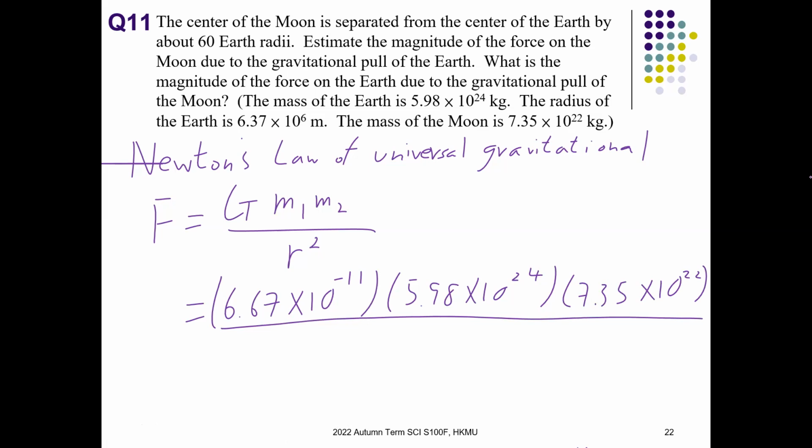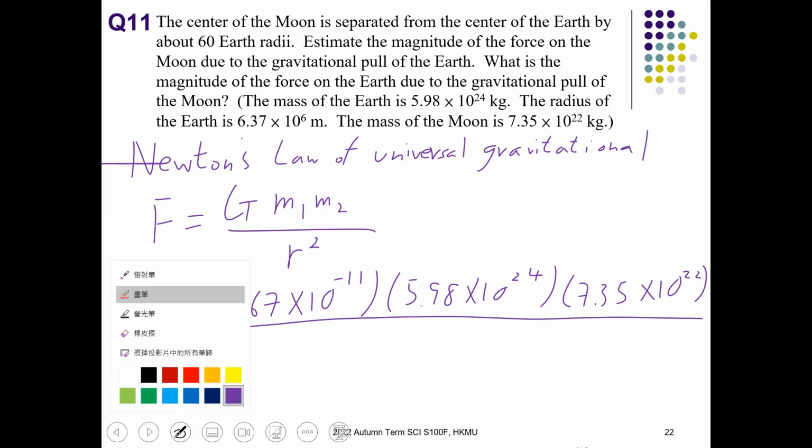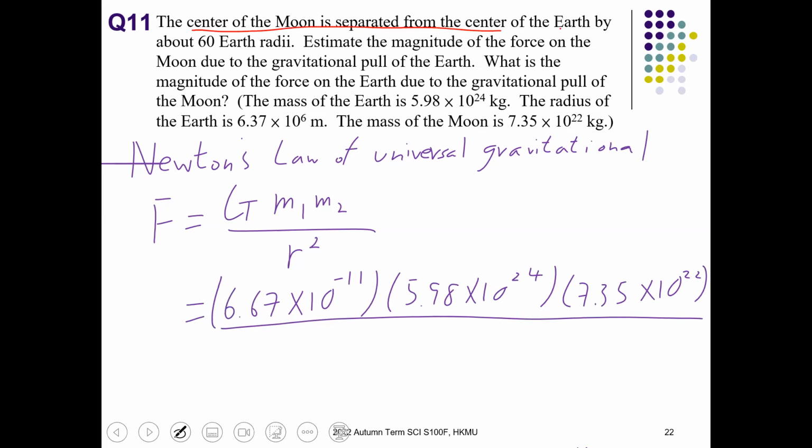Of the, this is not the radius, this is the distance between the center of the Moon and the center of the Earth. Given that the center of the Moon and the center of the Earth is separated by 60 times the Earth radius, we have 60 times the radius of the Earth.